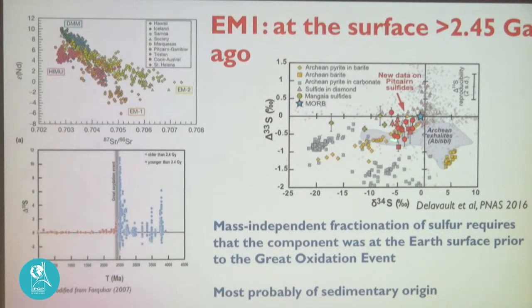And in some of this present-day lava, we found some anomalies, shown here by the black dots, by doing in situ analysis of sulfur grains in minerals. So that's an argument to say that the material that's present here was at the surface more than 2.45 billion years ago. So it's recycled. So it's probably of sedimentary origin.